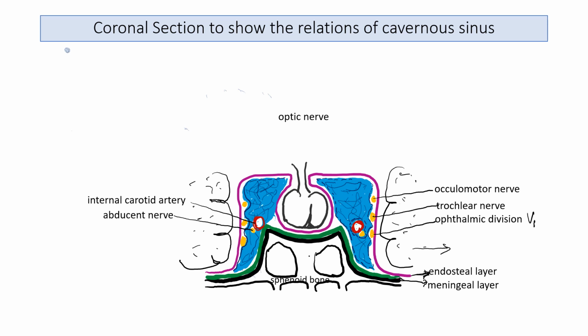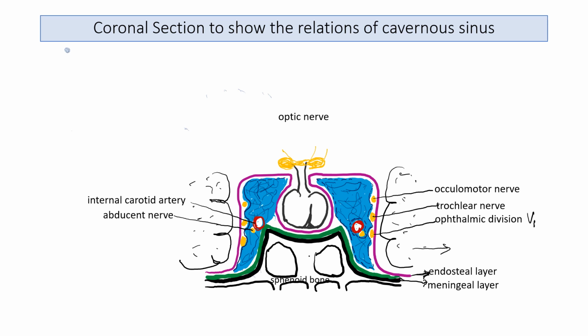Then superiorly it is going to be related with the optic chiasma. The optic chiasma would be related over here. So let me make it with this yellow color.